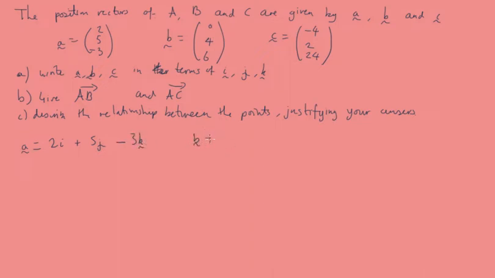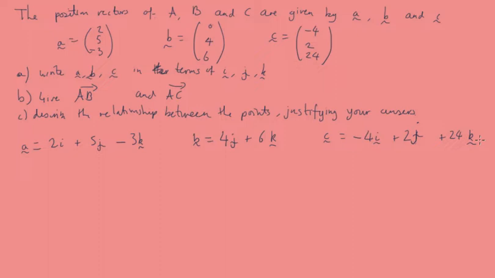Vector B is going to be, well, it's got no i, so it's just 4j plus 6k, and vector C is minus 4i plus 24j and 2k. Oh, it's the wrong way round, sorry. Pay attention. 24j and 2k. Okay.